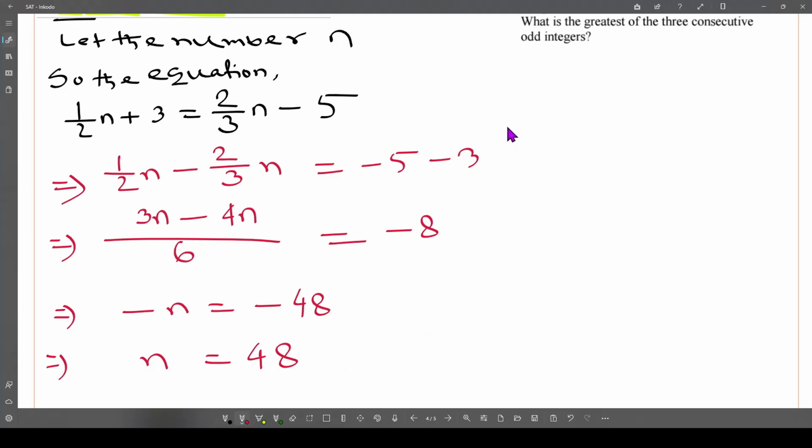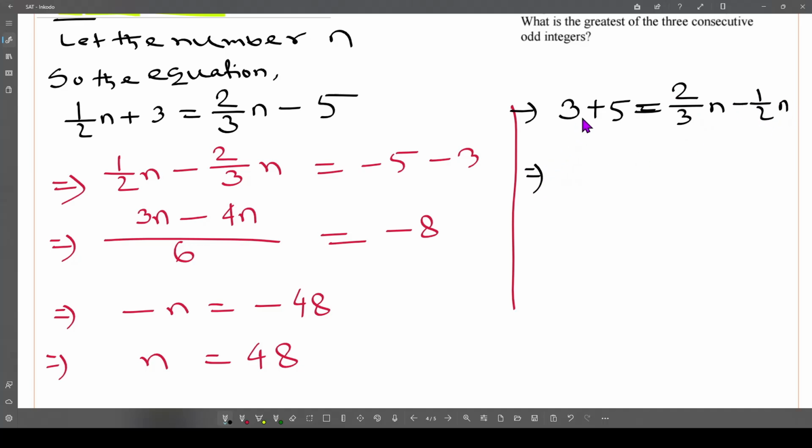Okay, if anybody wants, we can make it like here is 1 by n plus 3 equals 2 by 3n minus 5. It can be written like 3 plus 5, it means this 5 becomes left side, and here is 2 by 3n and here minus 1 by 2n.